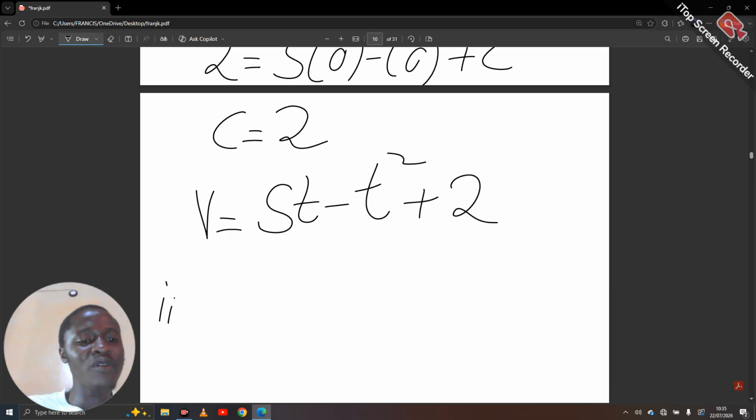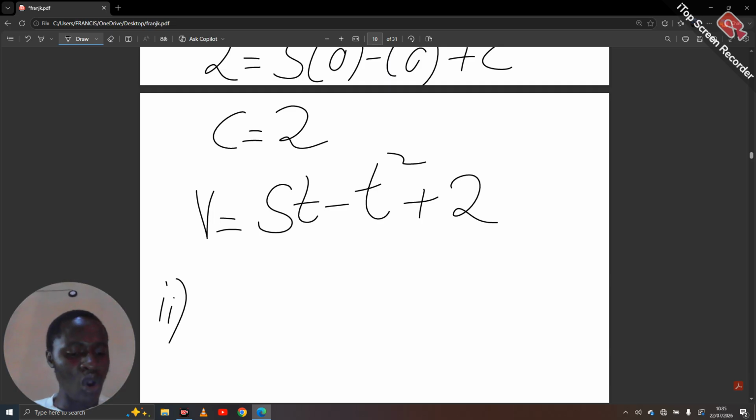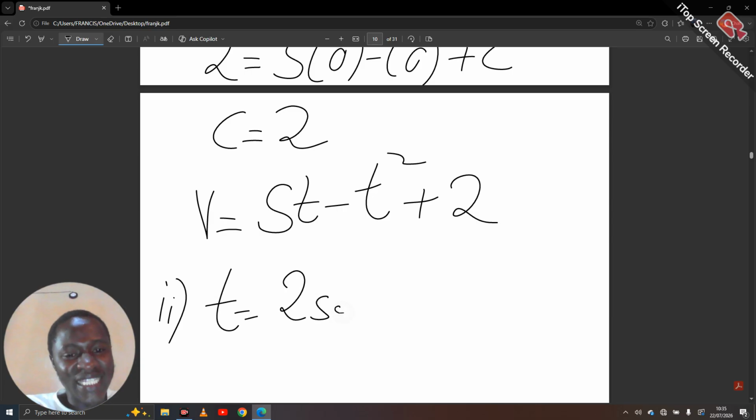Roman number 2. Determine the velocity of the particle at the beginning of the 3rd second. The 3rd second at the beginning. That means our time is 2 seconds.